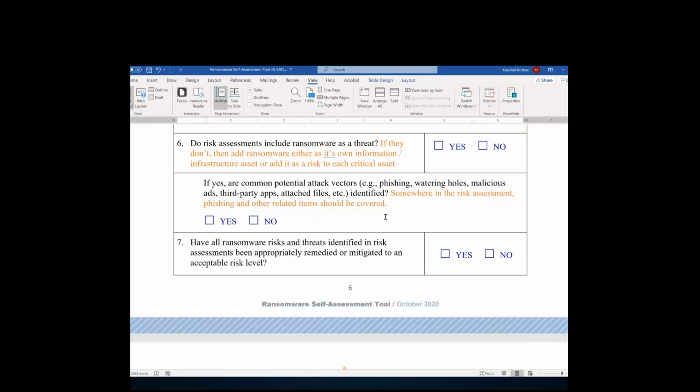It's the place where they're all going on some basis. Somewhere in the risk assessment, these should be covered, or at a minimum, phishing should be covered, malicious attachments, malicious web links. Usually that's going to be covered under employee personnel as the asset, but however you're doing it, make sure it's covered somewhere in your risk assessment.